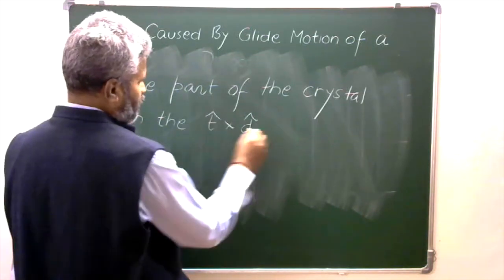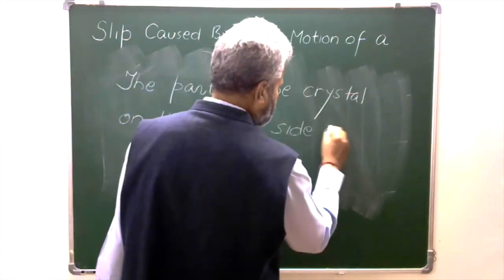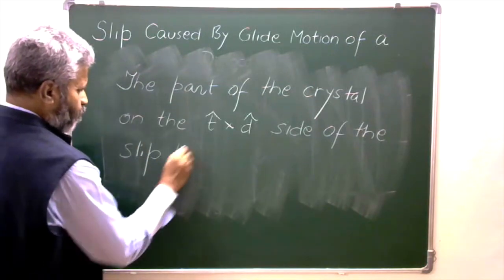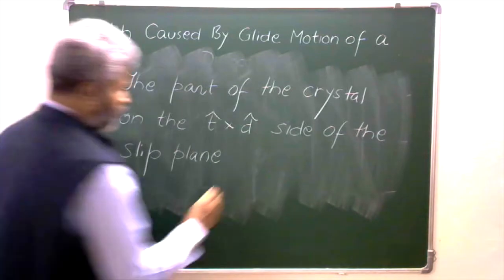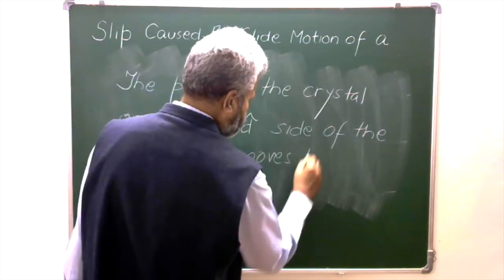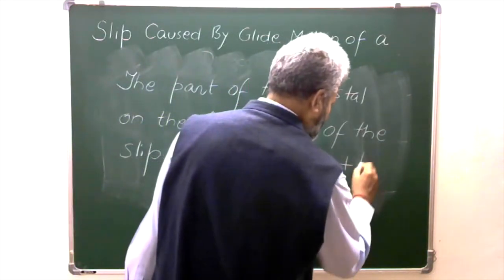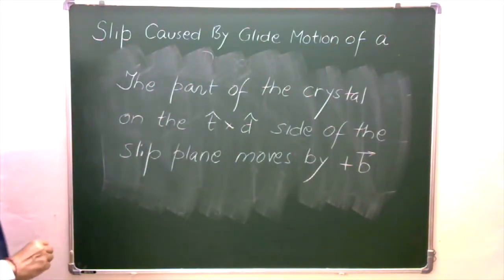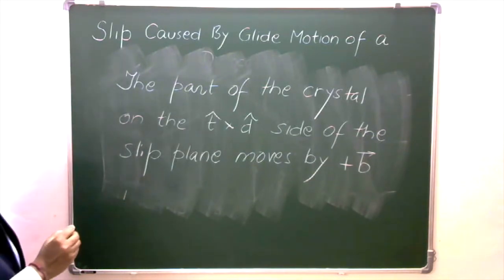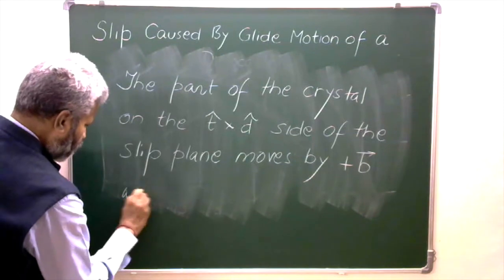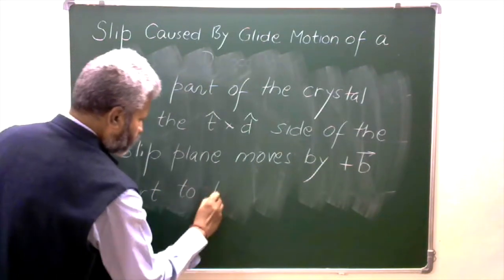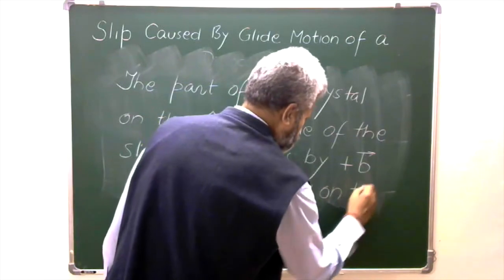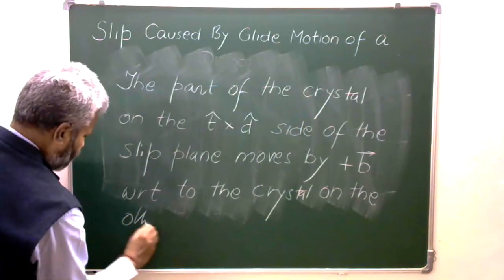So part of the crystal on the t cross d side of the slip plane moves by plus b, an amount equal to the positive Burgers vector plus b, with respect to the crystal on the other side.